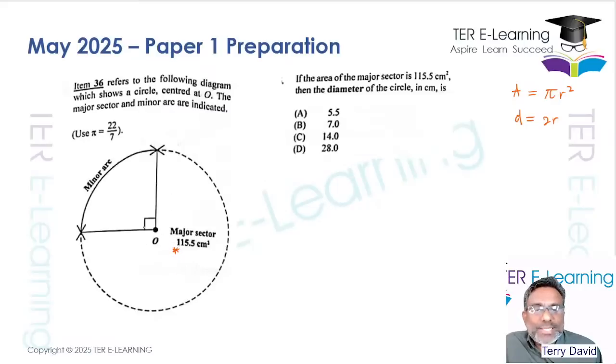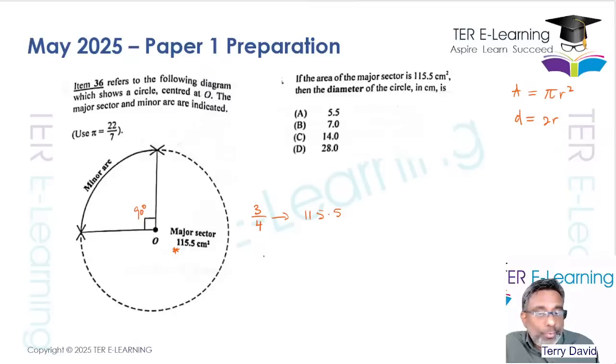Because this angle is 90 degrees, you know that 3/4 of the circle is 115.5. So 3/4 of the circle is equivalent to 115.5. So what you can do is work out what a quarter is.